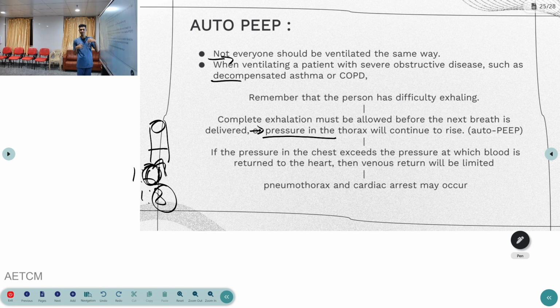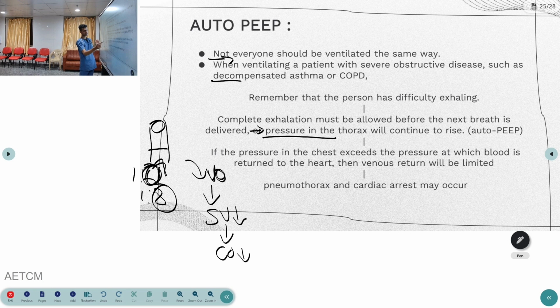If the pressure inside the thorax increases, what will happen? Your venous return will go down, and if the venous return input goes down, the output also reduces, so your stroke volume will go down. Stroke volume going down means cardiac output goes down, which leads to hypotension, hypoperfusion, and a still more worsened condition.